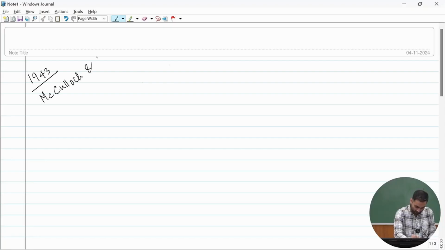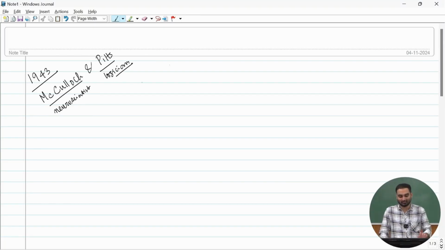and Pitts. McCulloch was a neuroscientist and Pitts was a logician. The interesting fact to note here is that there is no computer scientist involved. Remember, the time is 1943, before Alan Turing's invention.